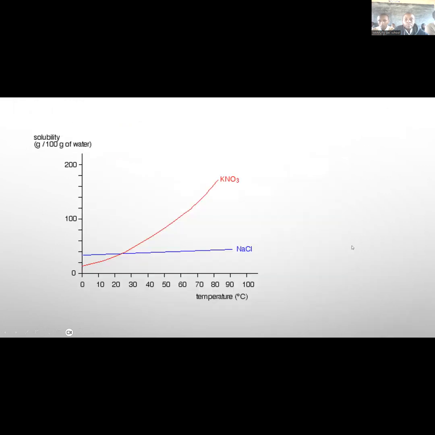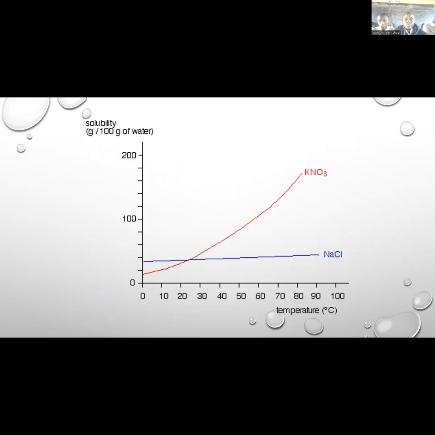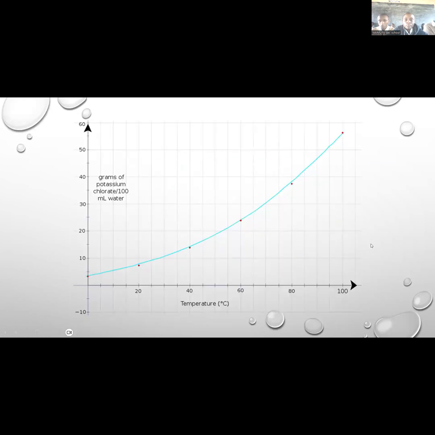Let me find a plane. I'll draw them all on this one. On this one, potassium chloride goes sort of like that. The potassium chlorate we've got there.